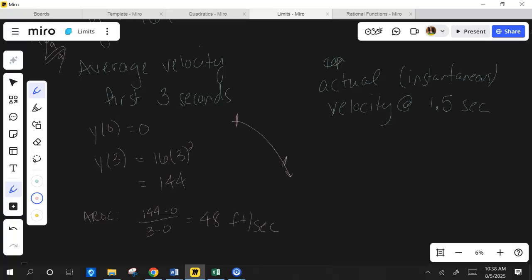I'm trying to smush that in so that I'm getting as small as possible in the difference, and I want this to be at 1.5, and I want to know what's the speed there, not where it is, but how fast, right? And to find a rate, the only way I know to do rate is slope. So I'm using that slope equation, but adjusting it so I can do here. Yes, yes.